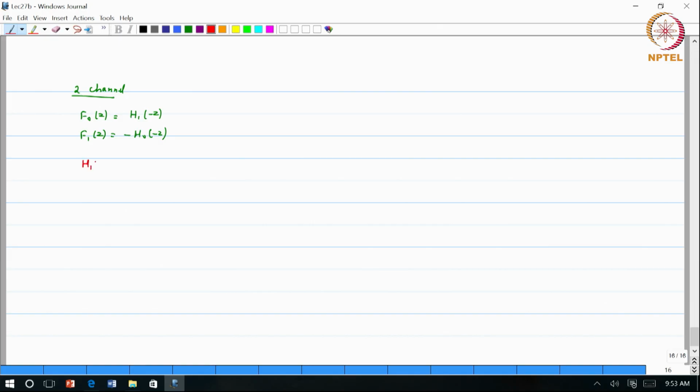We are going to say H1 of Z equal to minus Z power minus n H naught tilde of minus Z, paraconjugate. With this combination, you can guarantee that T of Z is going to be Z power minus n divided by 2 if H naught tilde of Z H naught of Z is equal to G naught of Z, where G naught is a half band filter.